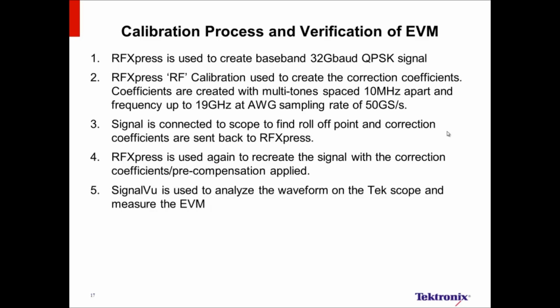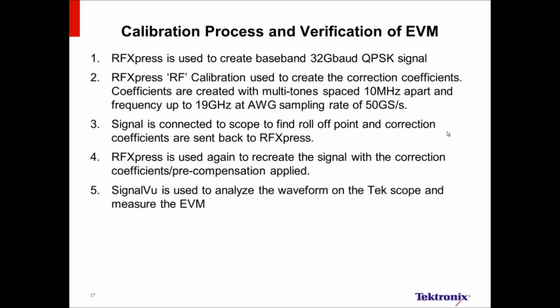So you only need to do it once. So it makes it very quick. Once you've done the compensation once, you're able to use that same coefficient file each time.